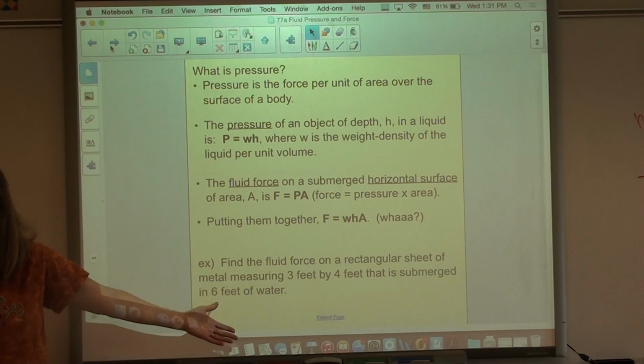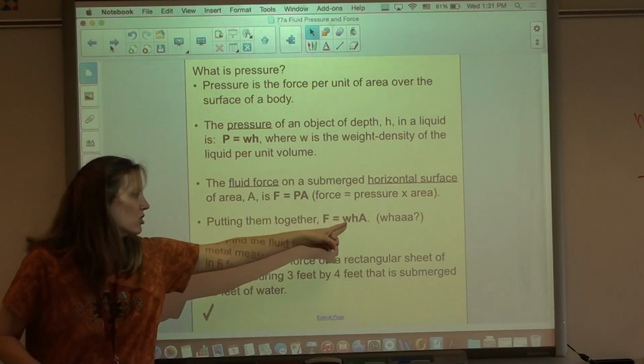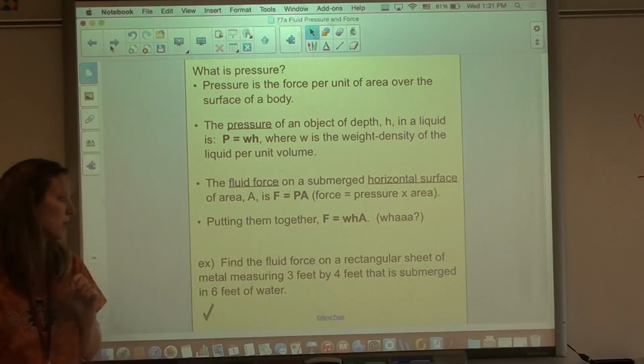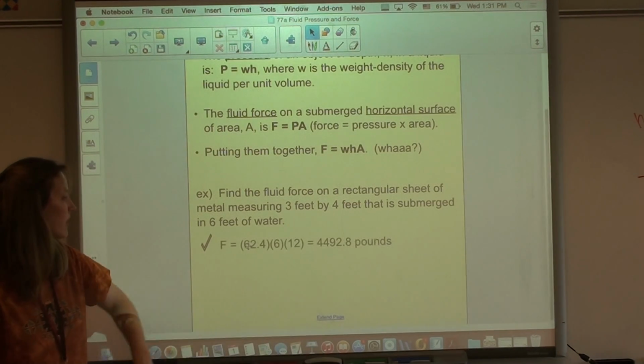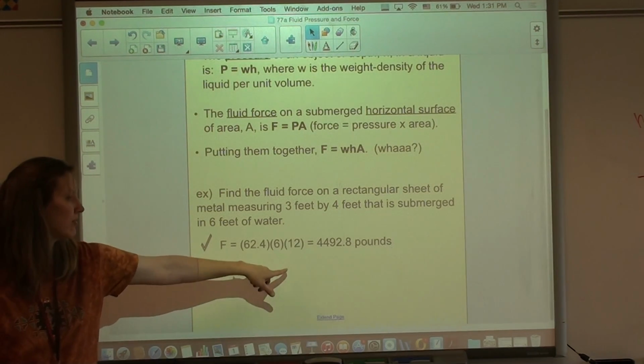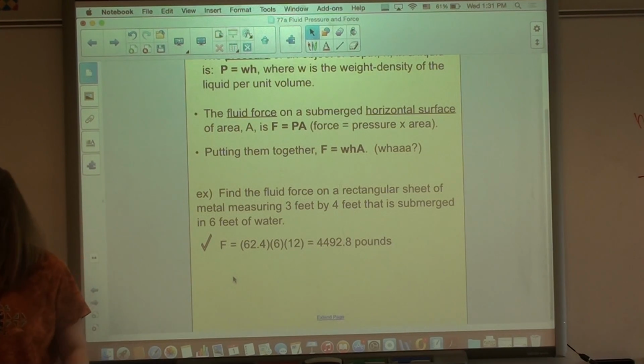Your fluid force would be your 62.4. What would your depth be? 6. And what's the area of the surface? 12, right? So it's just 62.4 times 6 times 12, or 4492.8 pounds of force.